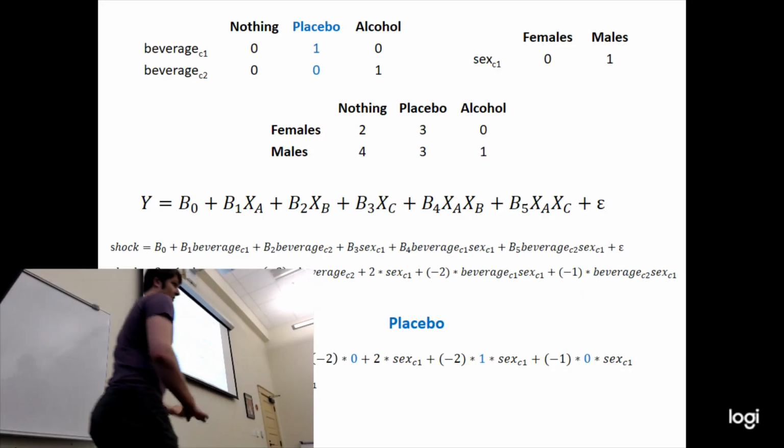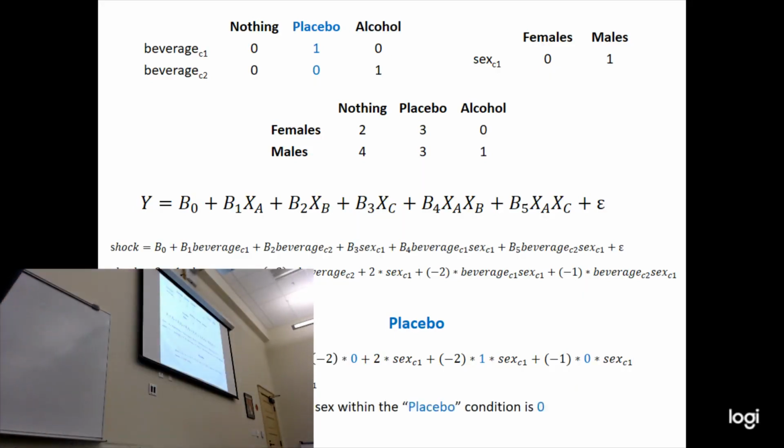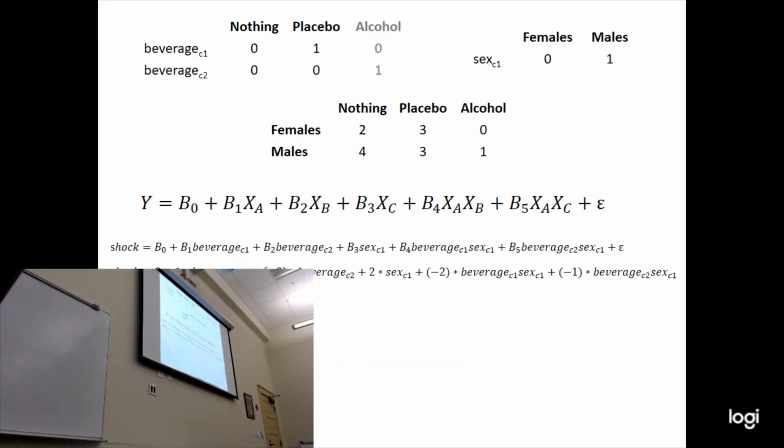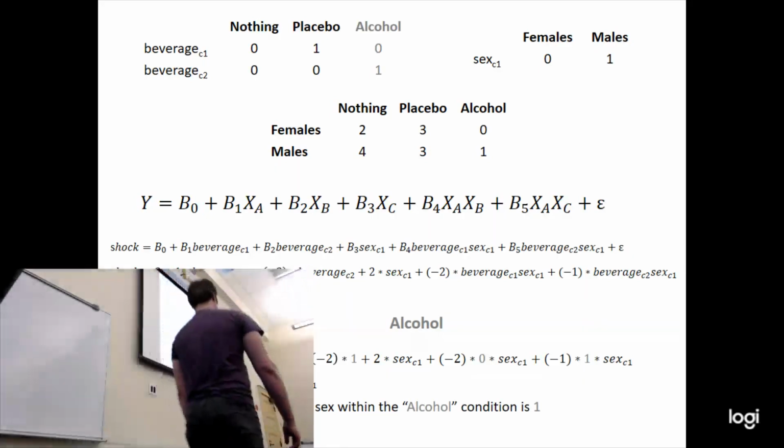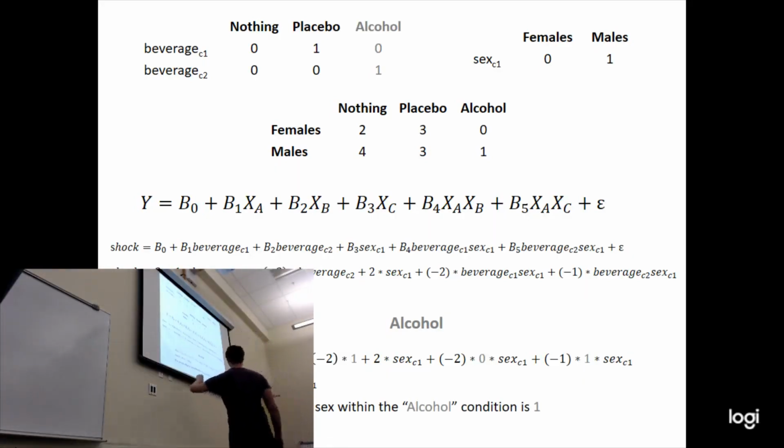That's the simple effect of sex in the placebo condition. And likewise, you can go through a very similar process for the alcohol condition, plug in the appropriate numbers, and if you do the algebra, we'll find the simple effect of sex in the alcohol condition as well.